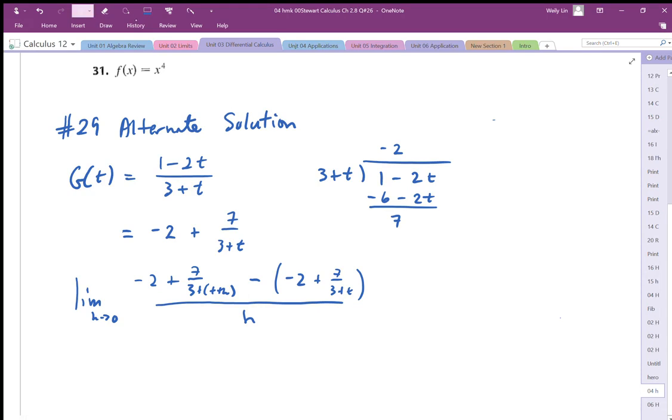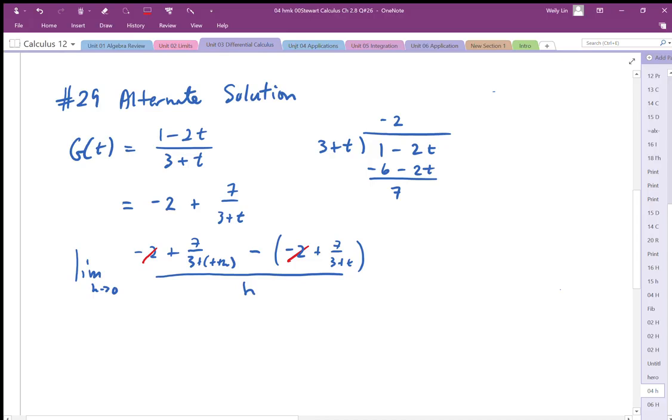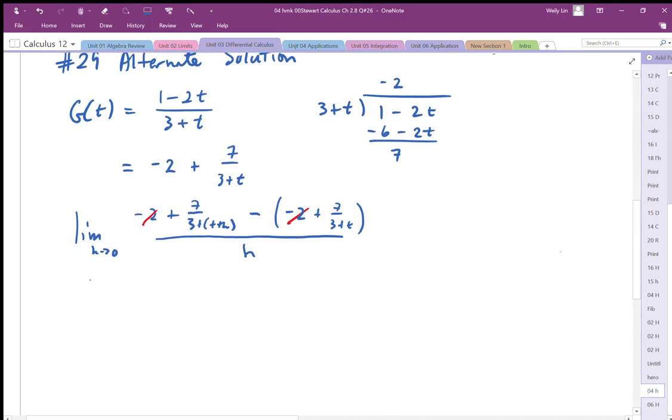We can start canceling some terms out. We have a common denominator which we're going to subtract from each other. So we need a common denominator, and it ends up being the limit as h approaches 0. I'm going to put the 1 over h over here.